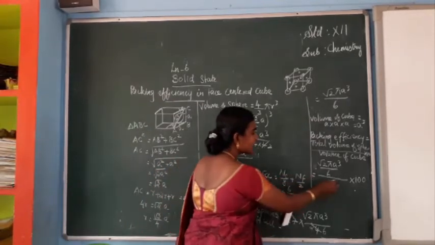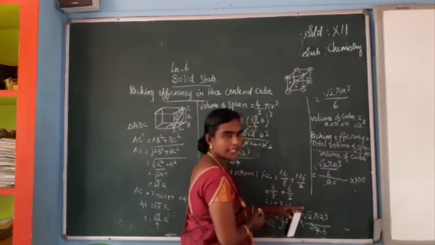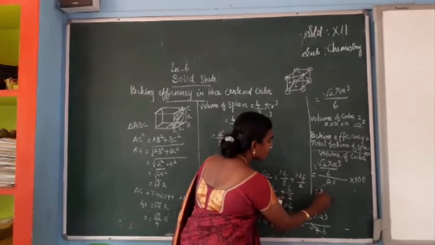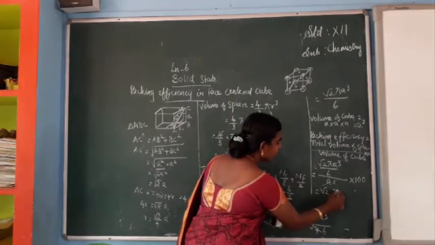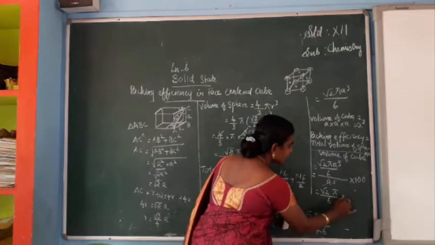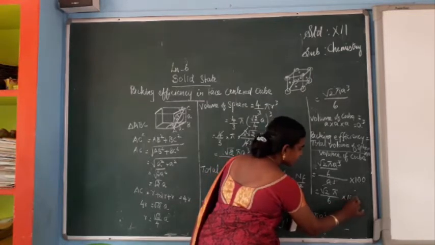So now this a cube and this a cube will be cancelled and you are getting root 2 pi divided by 6 into 100. Okay.